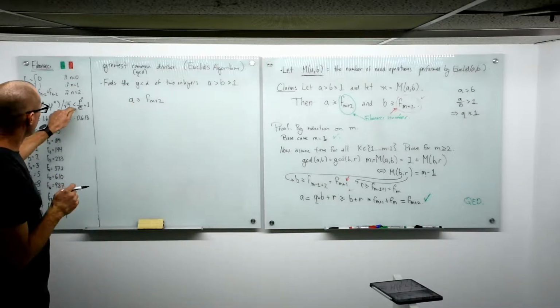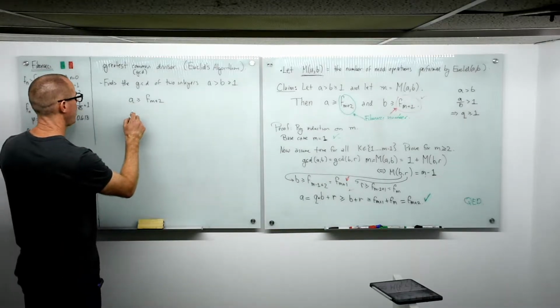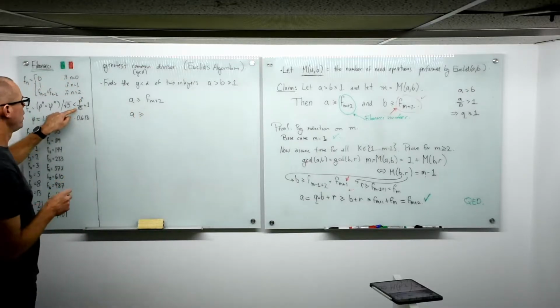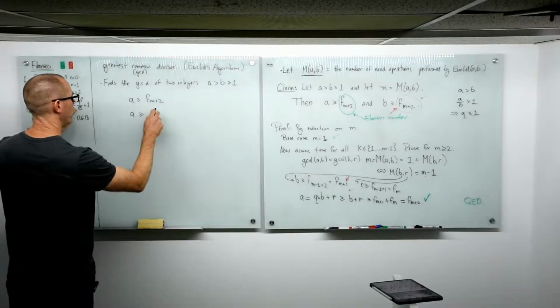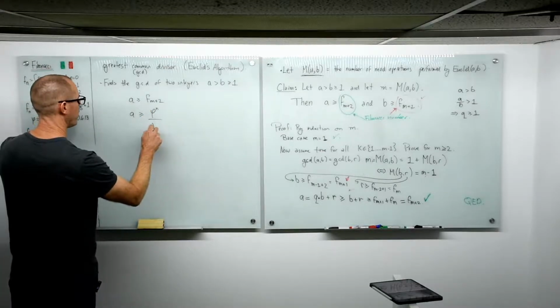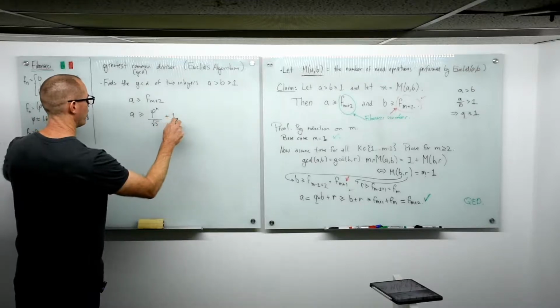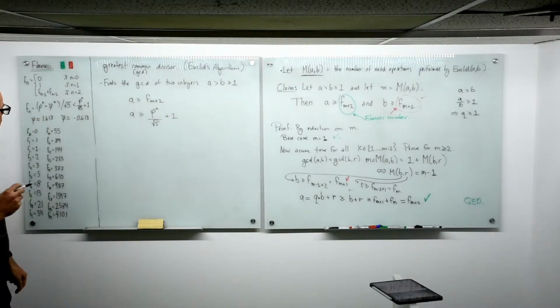That means we can use this: a must be bigger than or equal to rho to the m divided by square root of 5 plus 1.